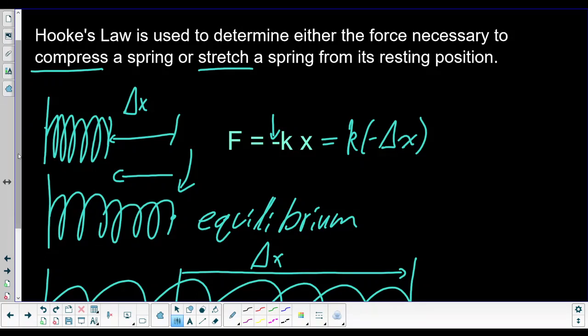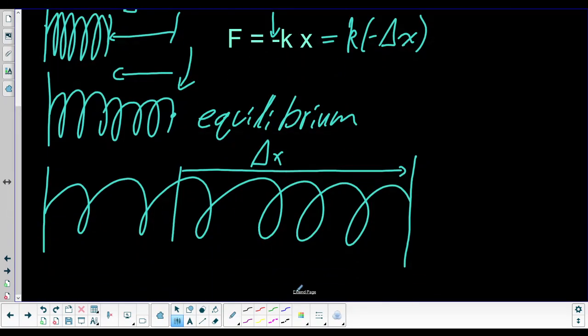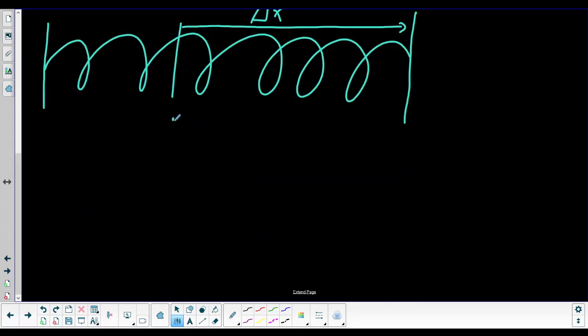And let me show you an example with this stretched spring here. If here is our equilibrium position and I stretch to the right, let's say to the right is positive just like normal. So I've pulled this spring way out here. What direction is that spring going to pull on you when you pull that spring out?